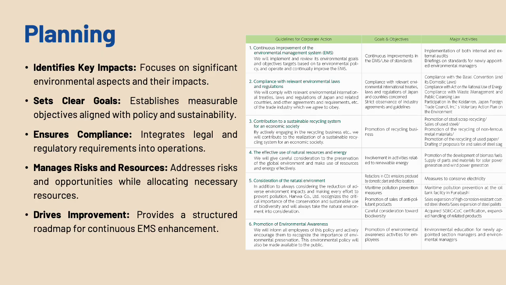Now, you can look at the text next to the table, because this highlights the processes involved in developing the environmental management program, or EMP, under the planning stage. First, you need to identify key aspects by focusing on significant environmental aspects. What are the impact and aspect?